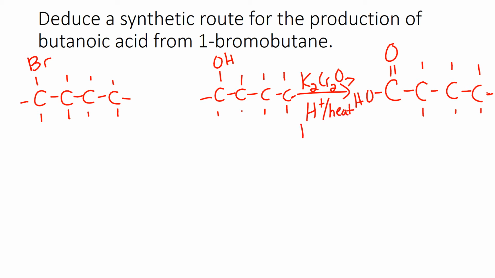And here we'd need to react under reflux. So how can I get from 1-bromobutane to butan-1-ol? I can use nucleophilic substitution, and I'm going to need a source of hydroxide. Sodium hydroxide would work just fine, so I'm going to add the hydroxide in this step.